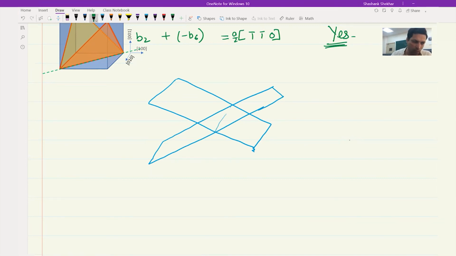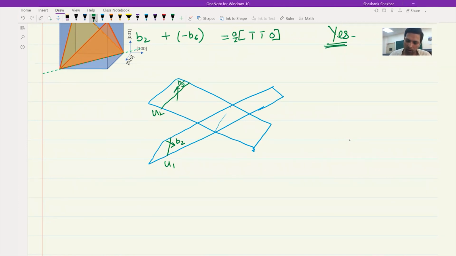And over here you have some dislocation with line vector U1, and the Burgers vector is B2. And over here you have a dislocation with line vector U2, and the Burgers vector is B5.